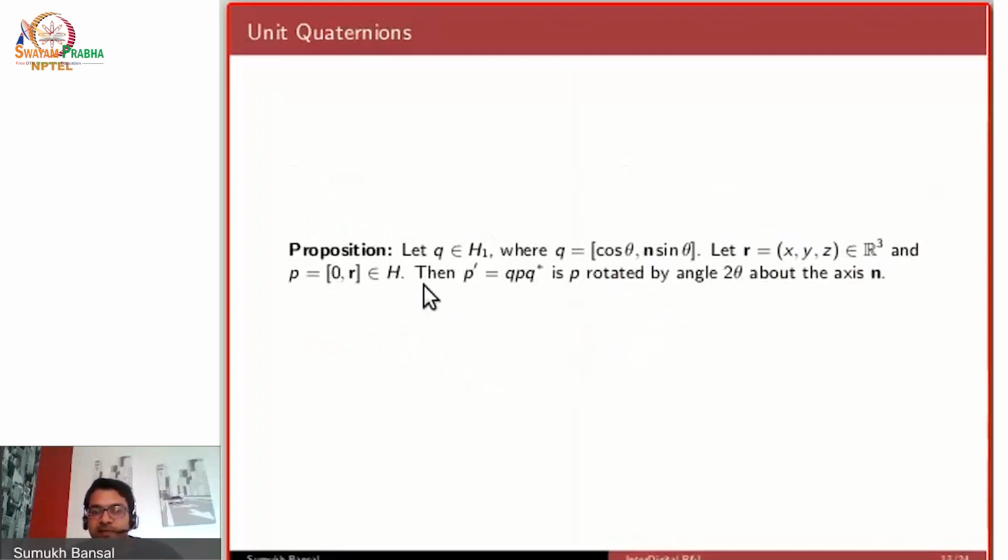So let's say we have a unit quaternion Q, which can be represented by cos theta and n sin theta using the previous proposition. Let's assume that R is the vector in R3 which we want to rotate. So to rotate the vector R, we need to represent it in the quaternion form.